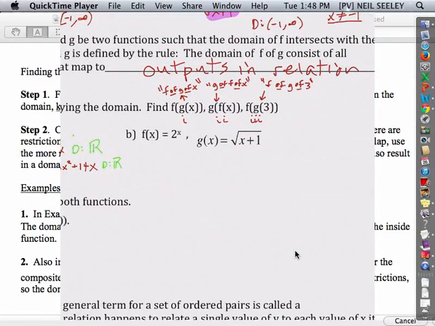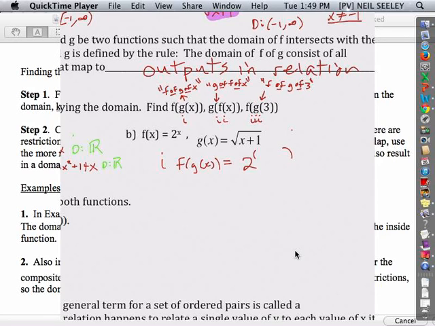Next, B. B, this is where we earn our money. The big bucks. So I think we're going to go for f of g of x. Let's do it. f of g of x. f is the framework. So that's 2. Instead of 2 to the x, it's 2 to the parenthesis.